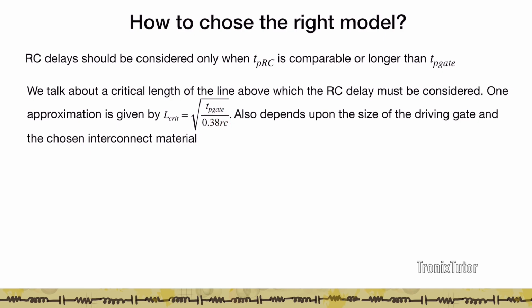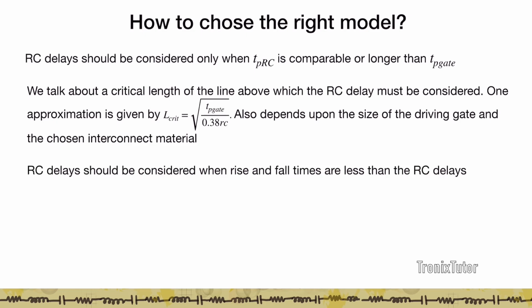So you see that this critical length depends on the size of the gate that is driving the line, as well as the interconnect resistance and capacitance. Depending on which layer among the 12 or 15 layers you're using for the signal, the critical length is going to change depending on the material used.